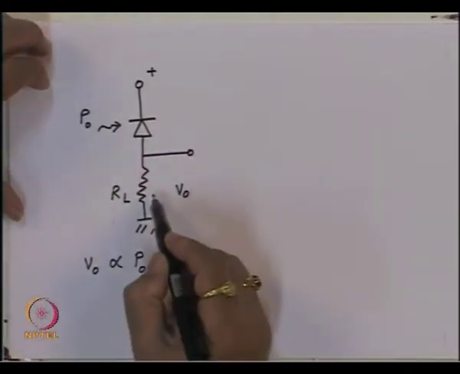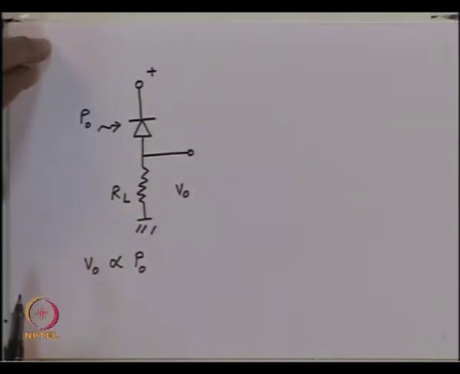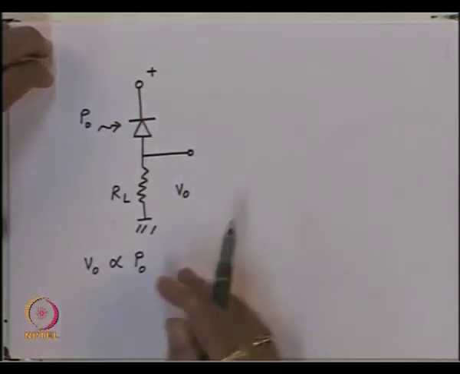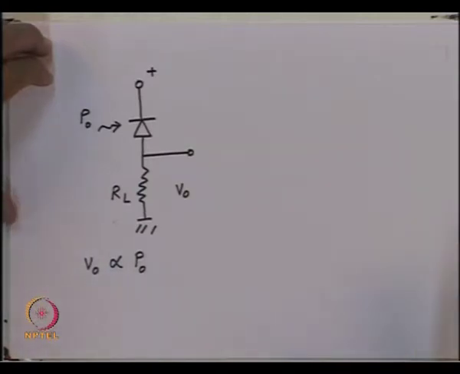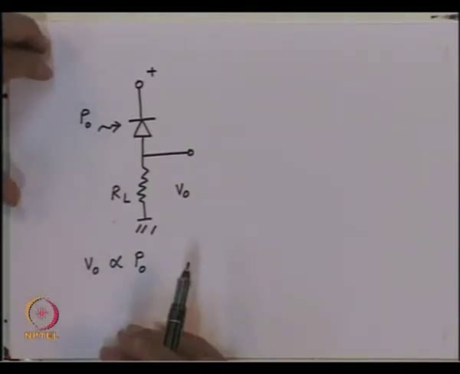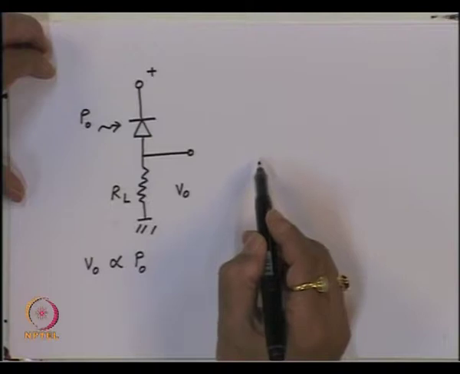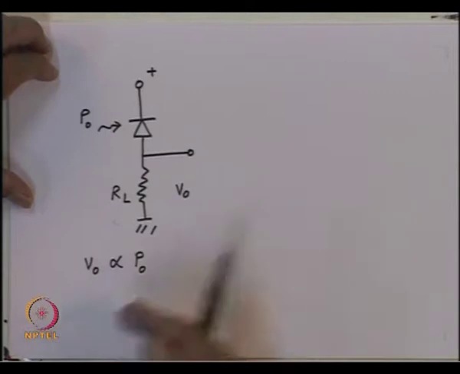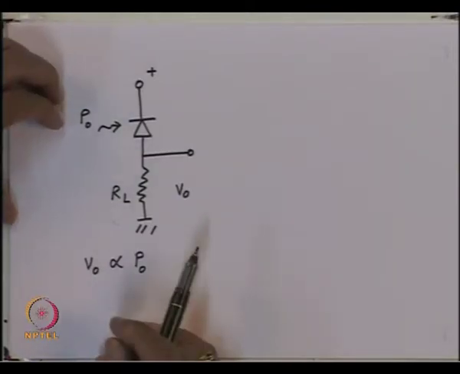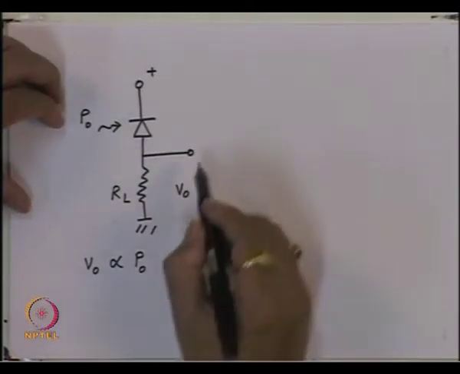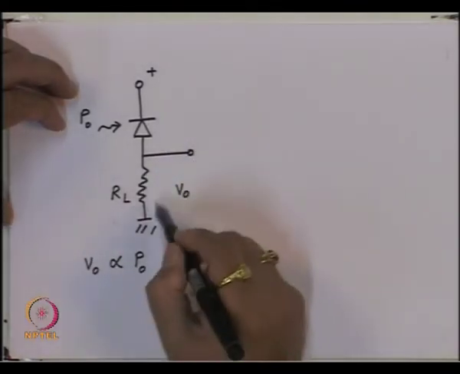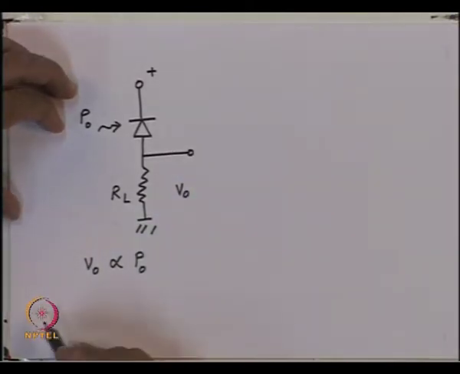So if this circuit has to be connected to a following circuit like an amplifier, then the output impedance of this configuration should be reduced. And that's what is done by putting what is called a buffer, which has a very high input impedance but very low output impedance.